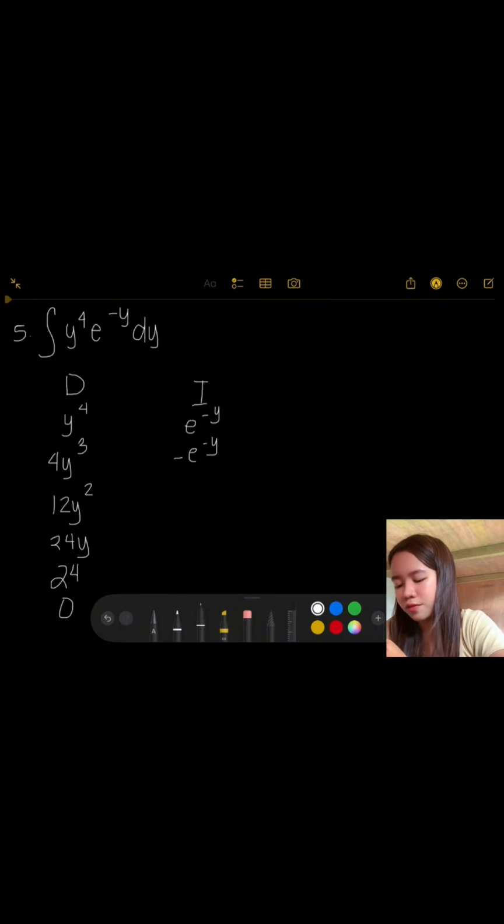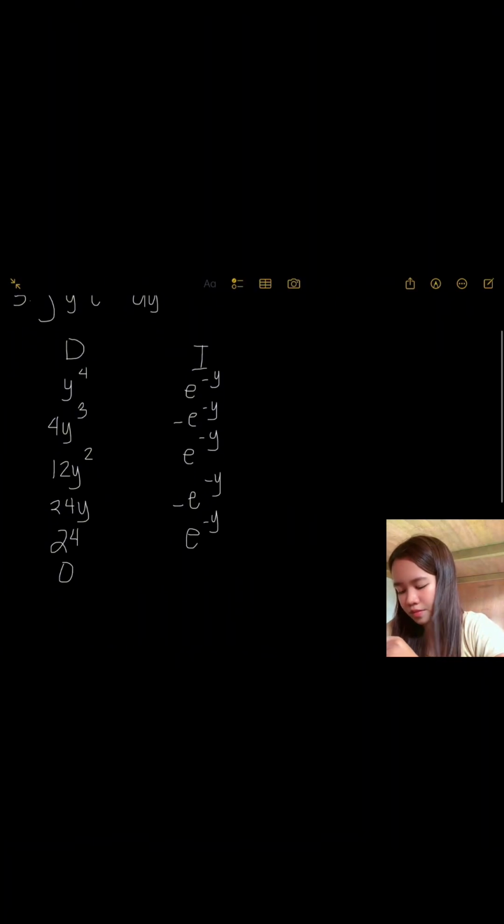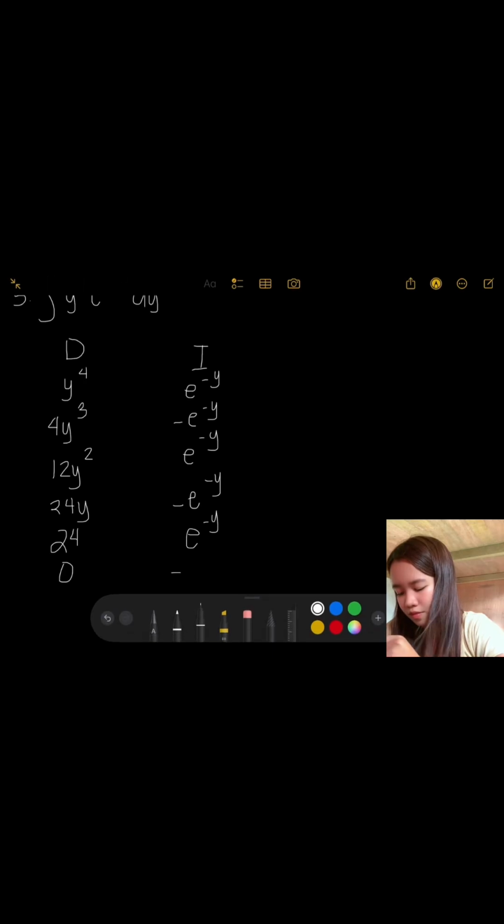The integral of negative e raised to negative y is e raised to negative y, and so on. So we know that the sign here is positive, negative, positive, negative, positive, and negative.